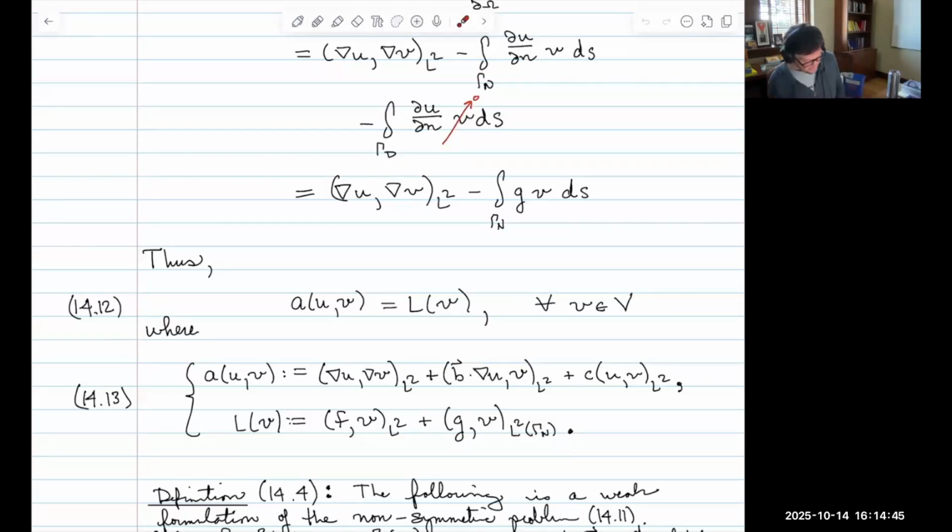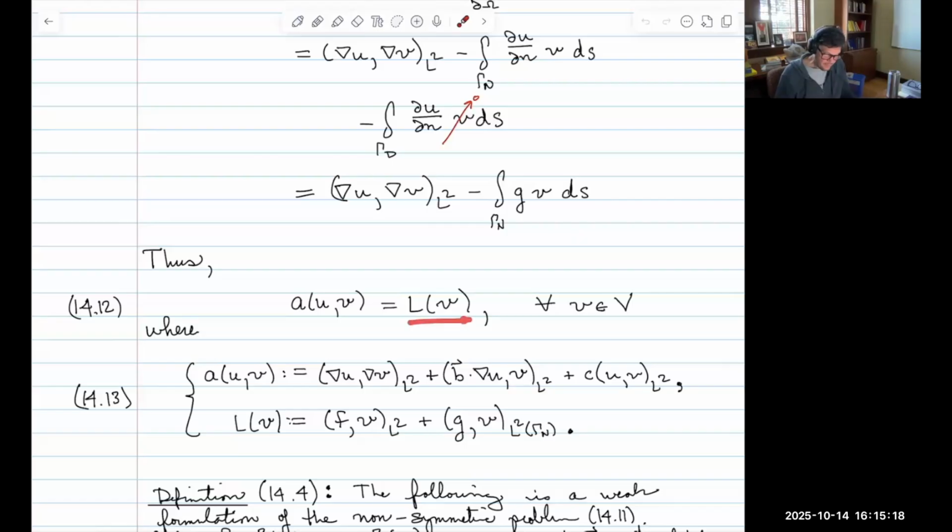Find u in V such that A(u,v) equals L(v) for all v in the test function space, where A is this bilinear form. It's still bilinear, but it's not symmetric anymore. This term is symmetrical. This term is symmetrical. I can interchange v and u, no problem. But this term is not symmetrical. I cannot interchange the roles of v and u anymore.